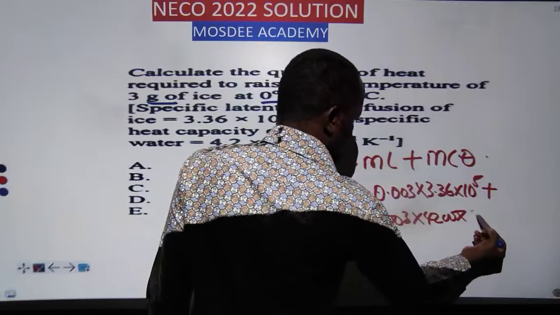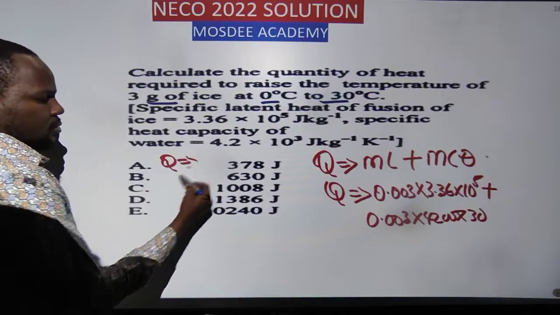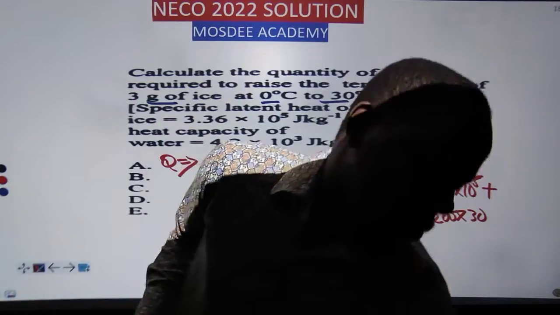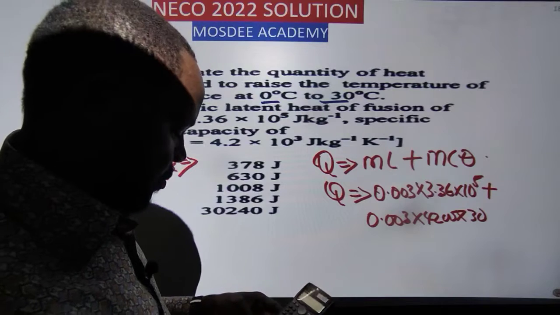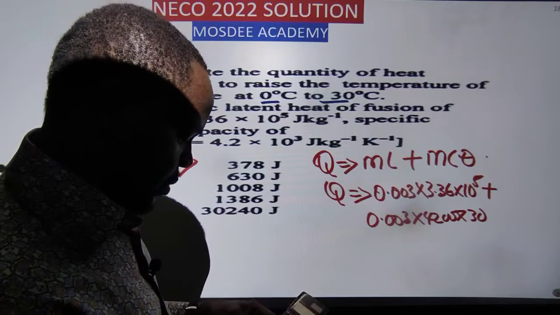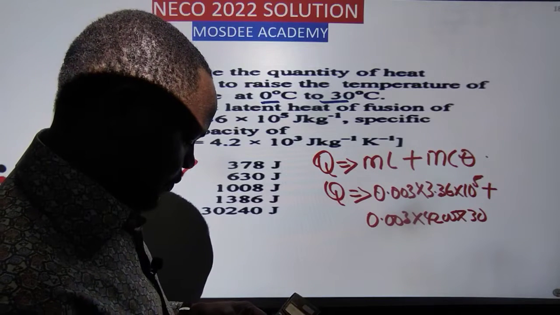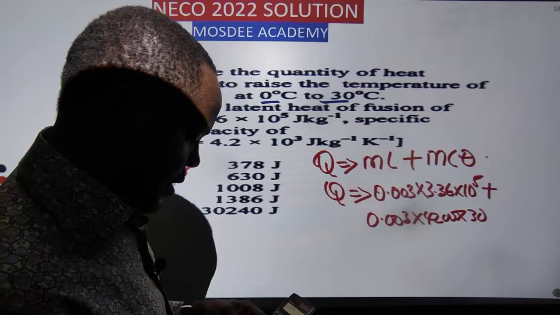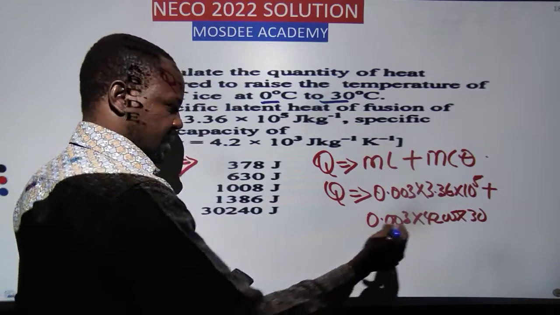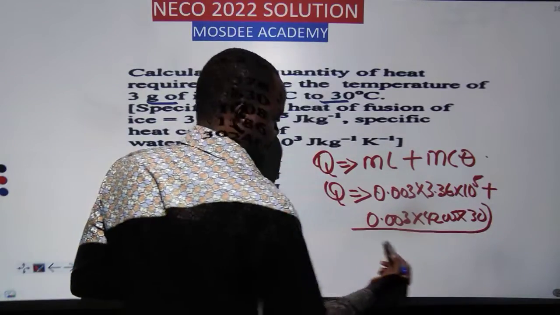So the next work is just calculator work to get your answer. 0.003 times 4,200 times 30. The answer here is 378, this side only.